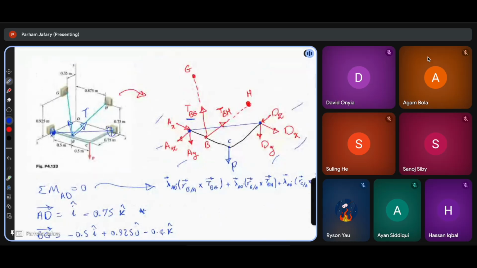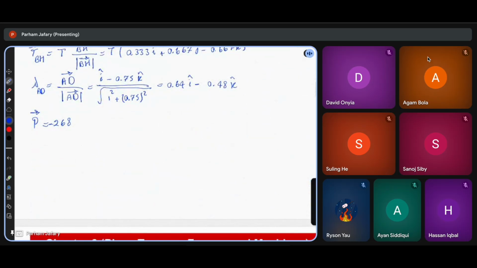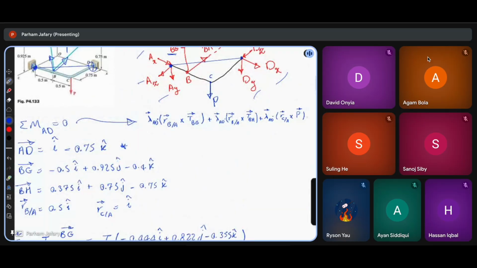And it's in the negative y direction. So it will be negative j hat, right? And this is equal to 0. Okay?